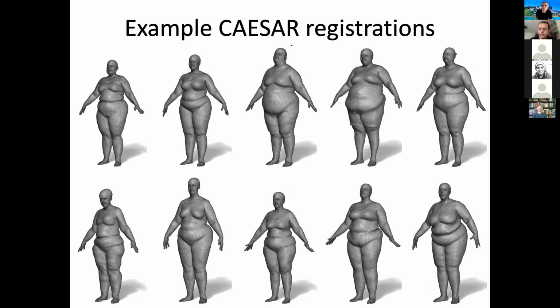Right. And what happens when you don't have data for a certain body type? Does the model generalize? It's a great question. As we'll see, if I get to it, we learn a linear model. Linear models are particularly good at generalizing, particularly if the space is actually linear.